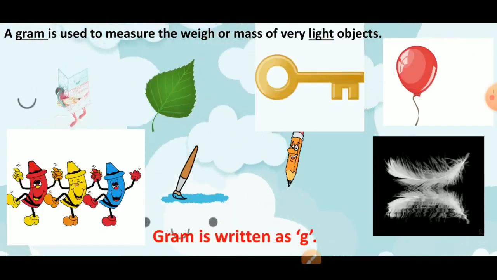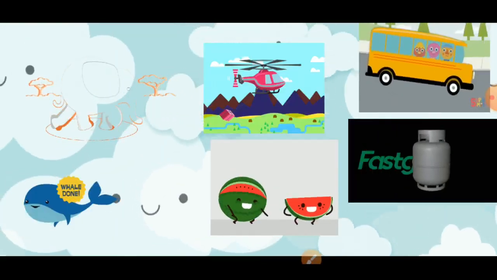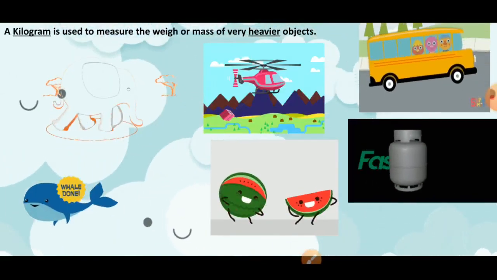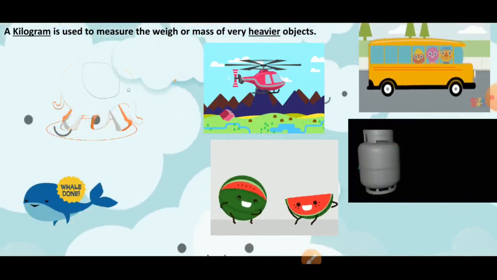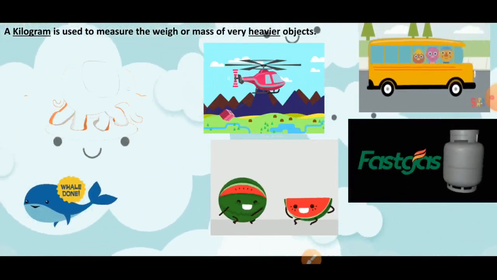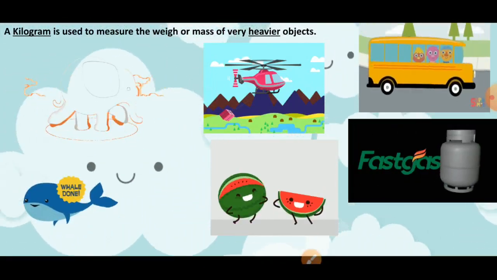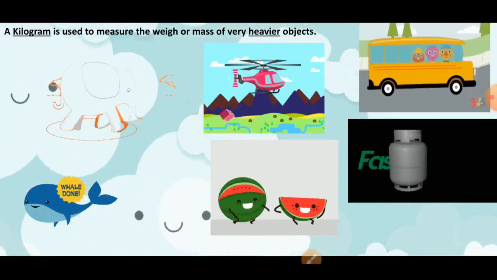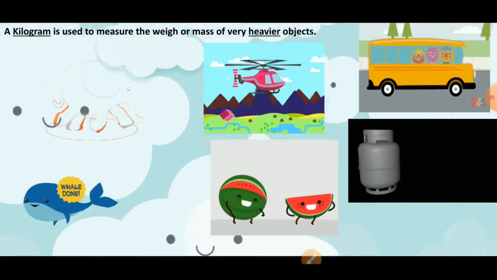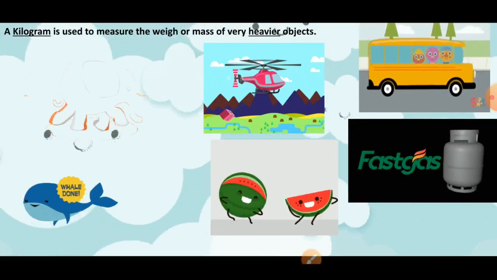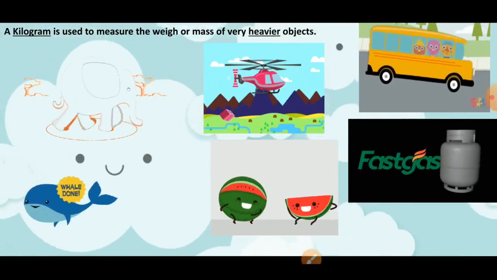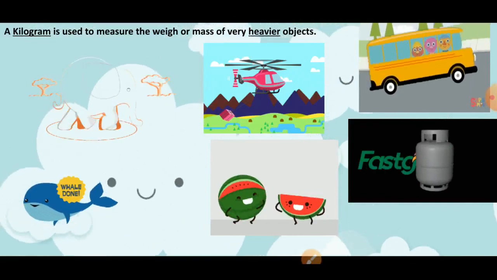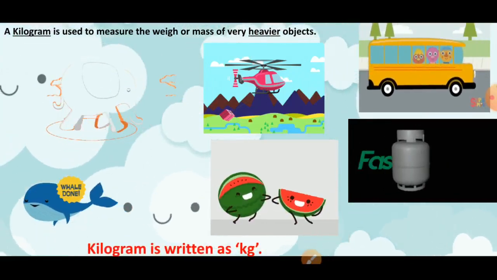Gram is written as g. Kilogram is used to measure the weight or mass of very heavy objects like elephant, helicopter, bus, whale, watermelon, gas cylinder. All these objects are heavy in weight. Kilogram is written as kg.